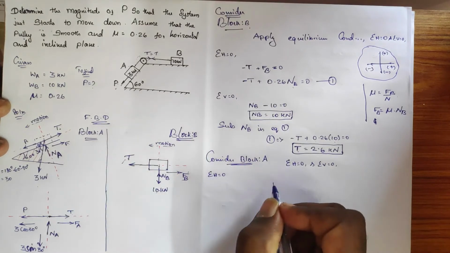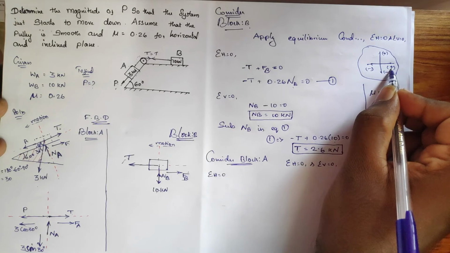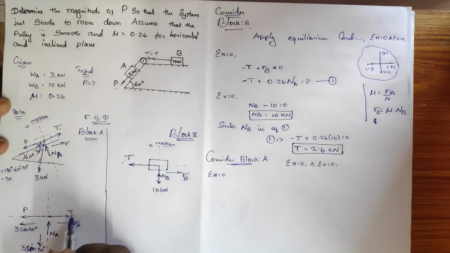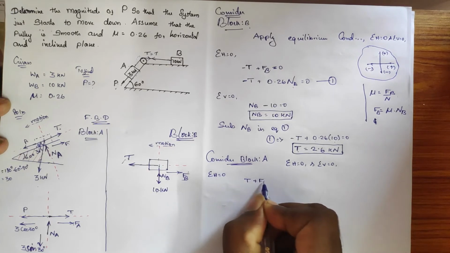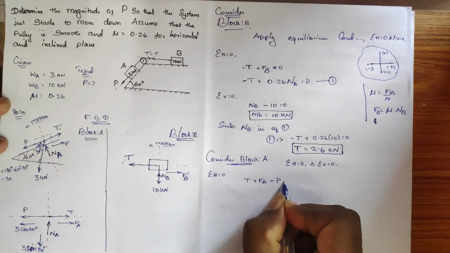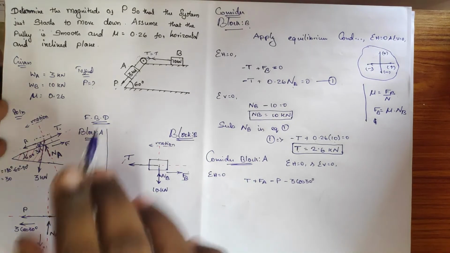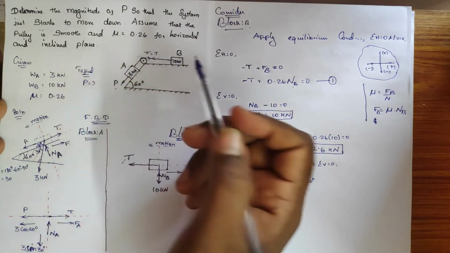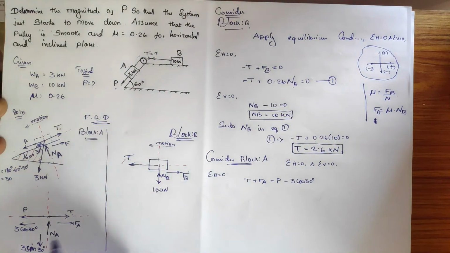Okay, so here the force moving to the left is a minus and right side is a positive. So these two forces are positive, T plus FA, and these two forces are negative, minus P minus 3 cos 30 degree. We know the tension at A and tension at B are equal in magnitude.